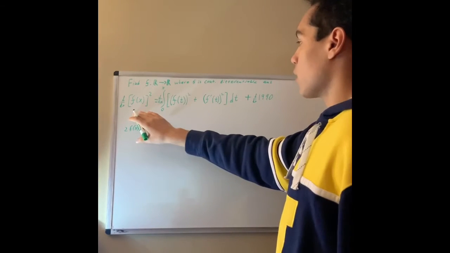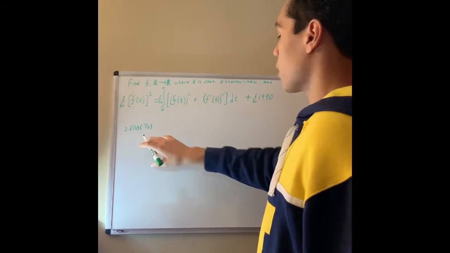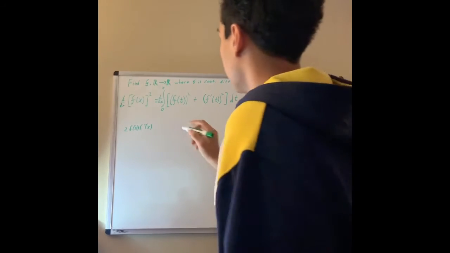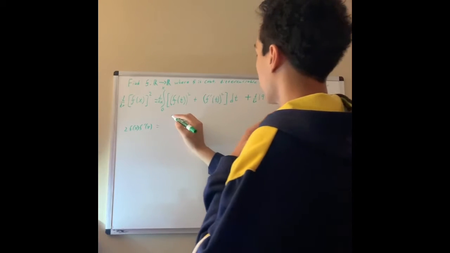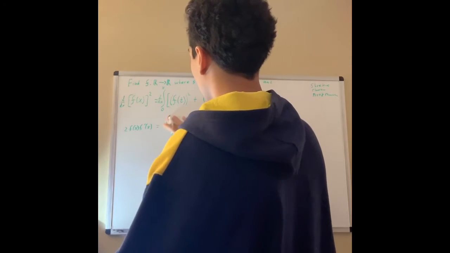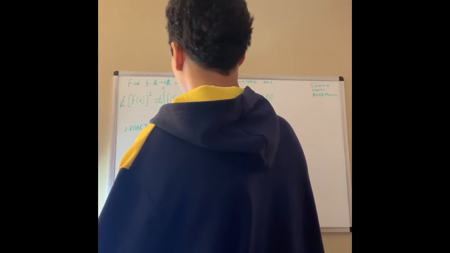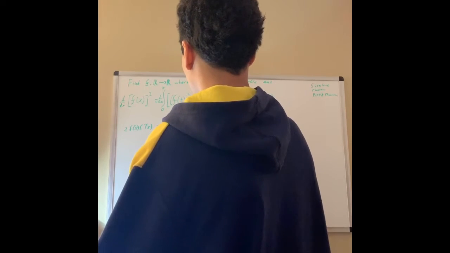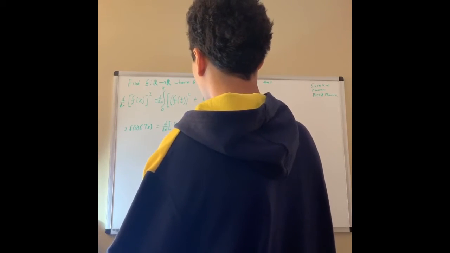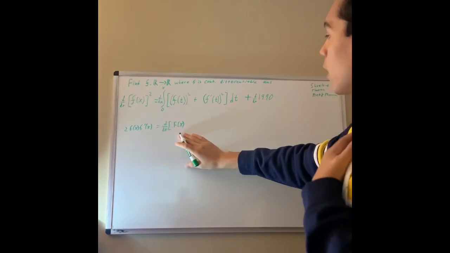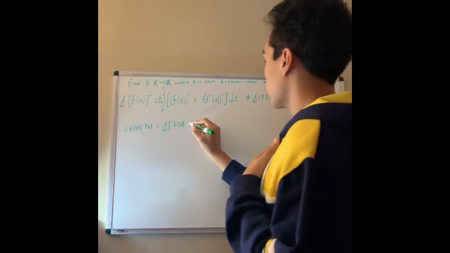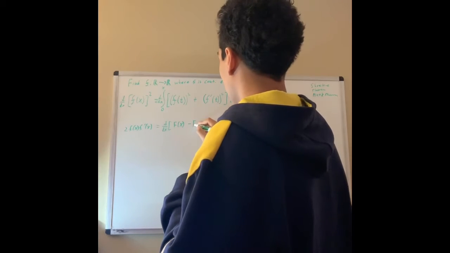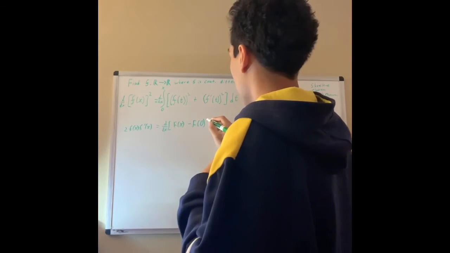So that's just going to be the outer derivative times the inner derivative, and that's going to be equal to, okay, I'm going to write this in a certain way. I'm going to call capital F the primitive of this thing, and then it's going to be subtracted from the primitive evaluated at 0.